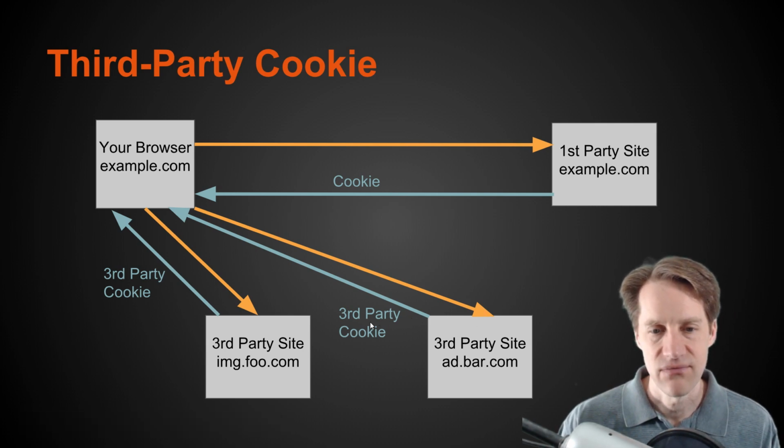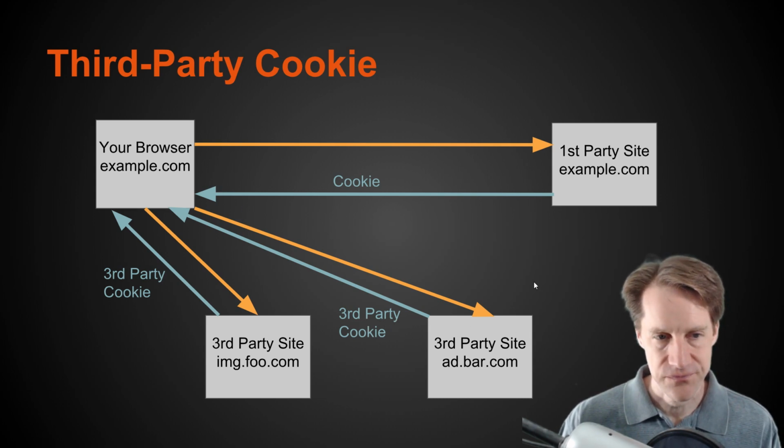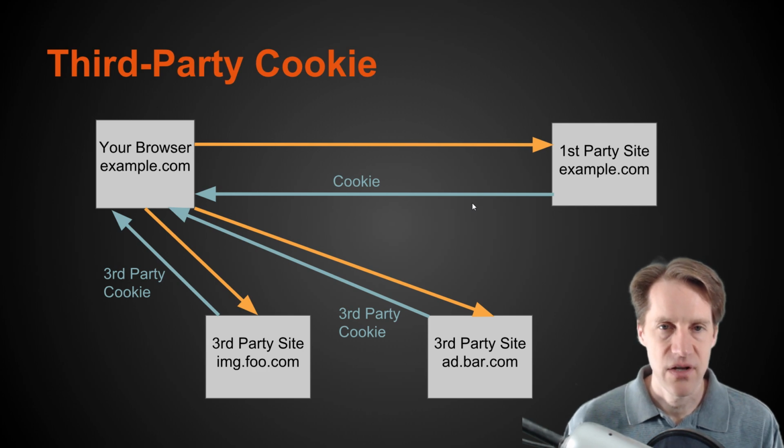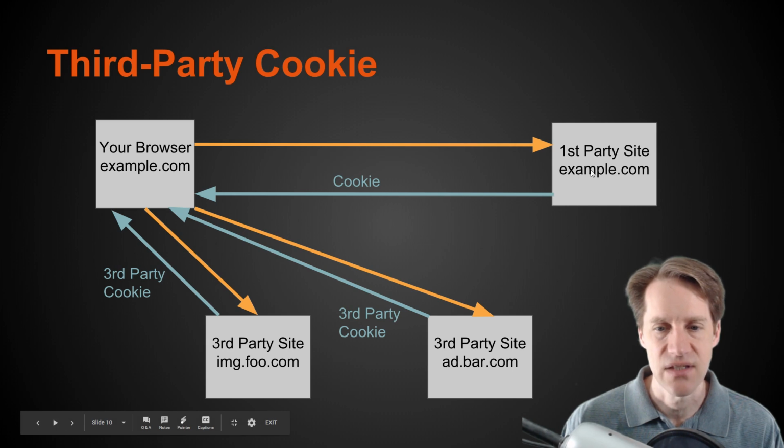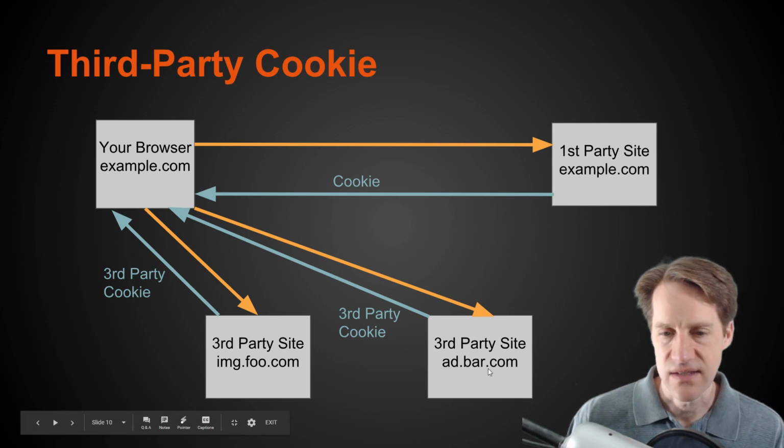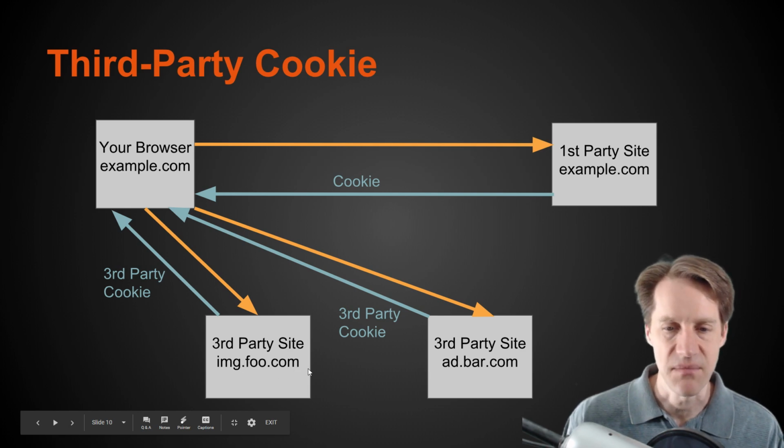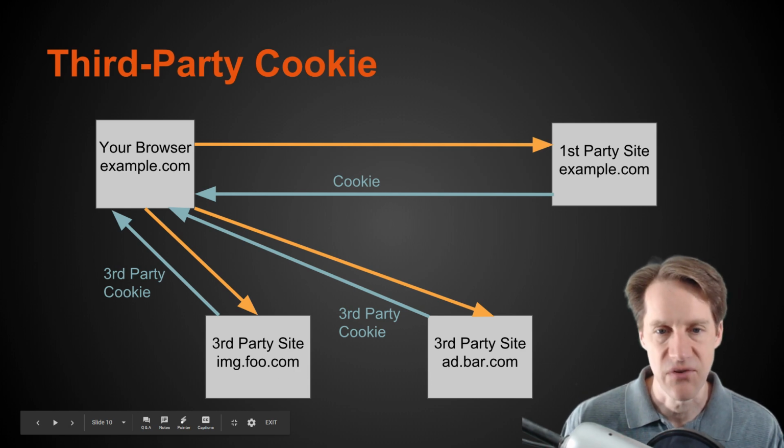So that's something that third-party cookies can be used for. So a third-party cookie is basically another site setting cookies on your system that is not the site you're visiting, even though the reason why you're visiting is because that page has explicitly asked you to load content from, say, this site or this site to get images or ads or any other type of content.